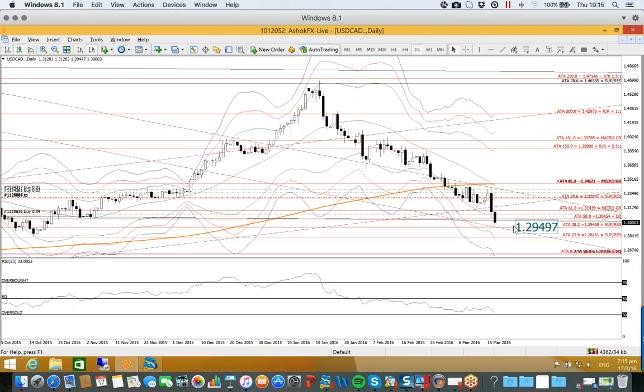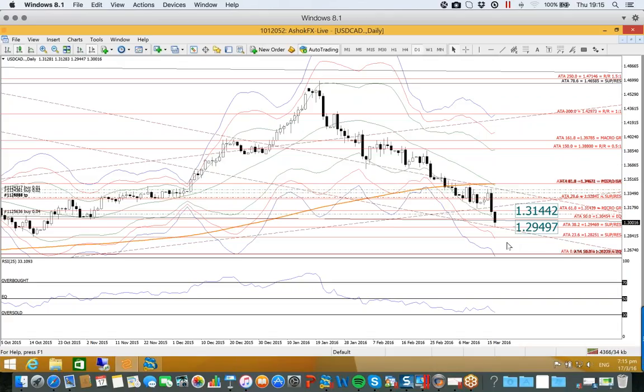Or I'm going to do a buy stop on here, at 131.44. So a buy stop at 131.44, or a buy limit at 1.2947.